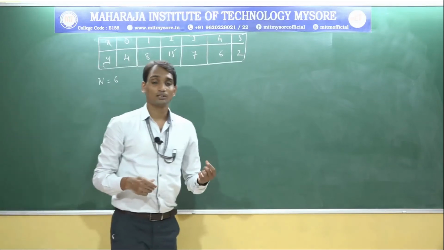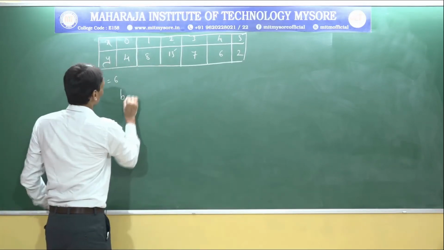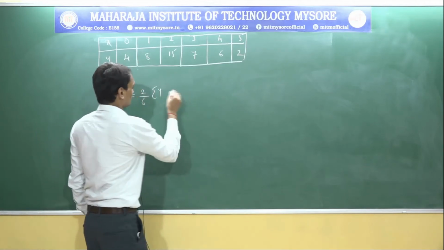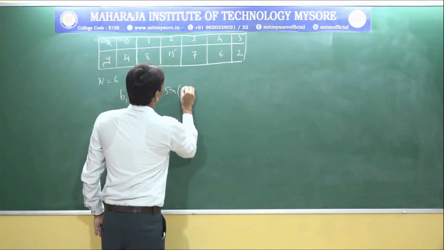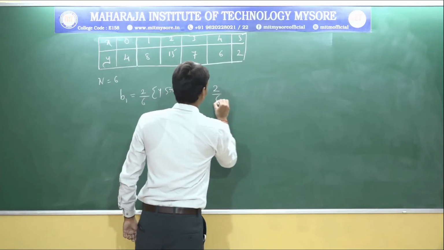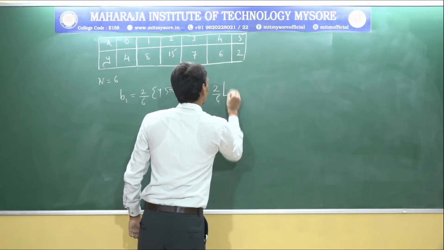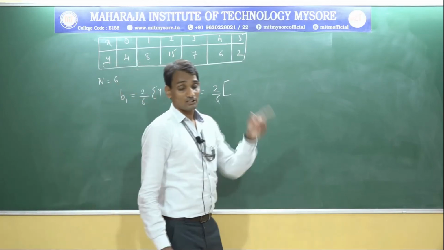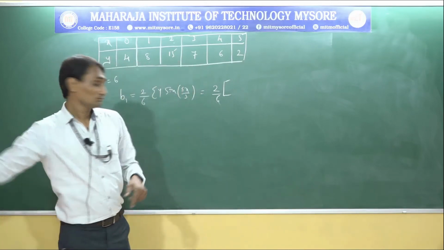First I will write the general formula: B1 equal to 2 by 6 into summation of y into sin pi x by 3. Similarly, how you substituted for the previous cosine, the same thing we need to follow.